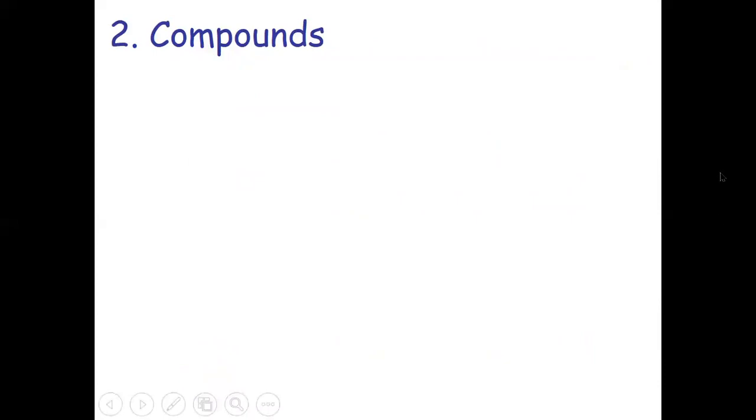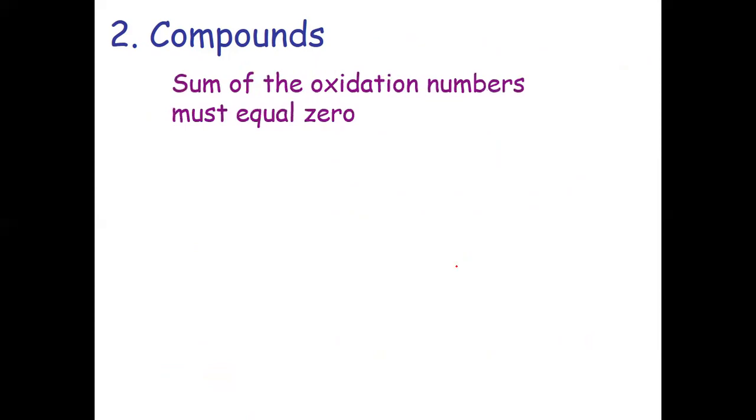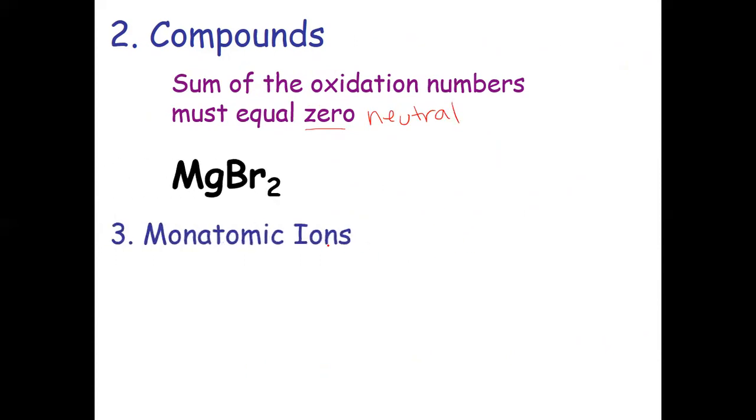So now when we make a chemical compound, electrons are lost or gained or shared, and the sum of those oxidation numbers must equal 0 because all compounds are neutral. So for example, with magnesium bromide, how do I figure out the oxidation numbers?